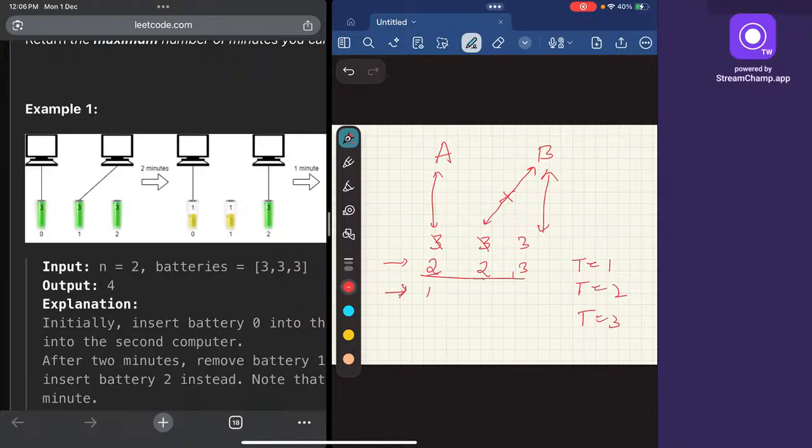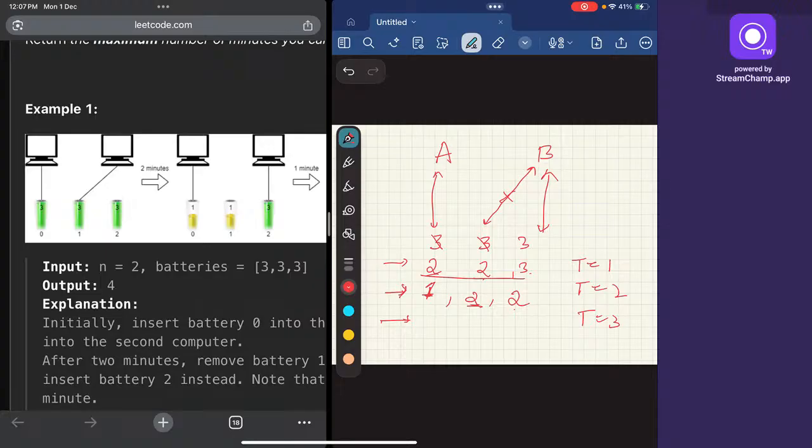The battery for A will depreciate by 1, this battery will be 2, and this battery will be 2, because it is connected to B, and the middle battery is not connected. If I run for T3 without swapping for A, then it will only run for 3 minutes.